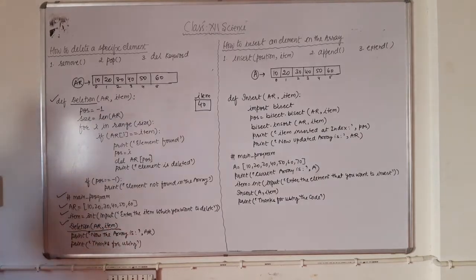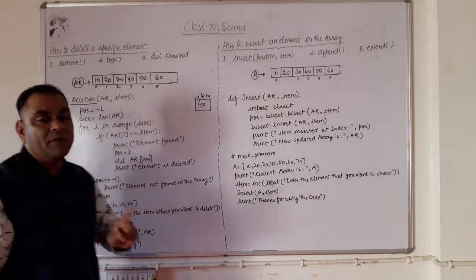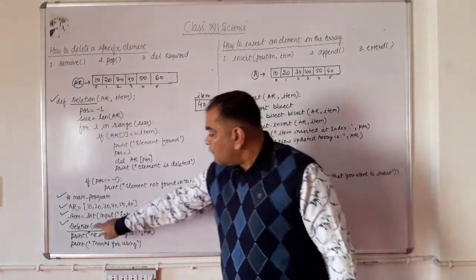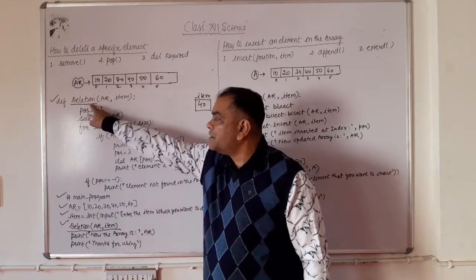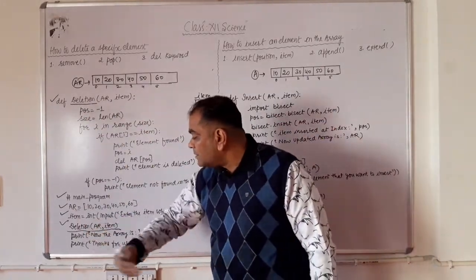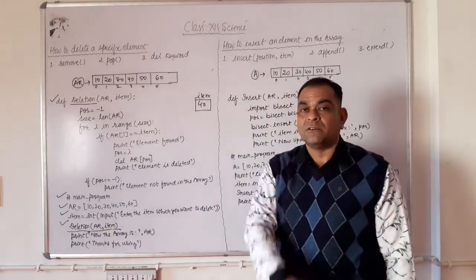Now just see what is this one. Here the next line, deletion(AR, item), this is the proper function calling. Right? What is the proper function calling? Your computer is going to match the function name very first. Deletion, the name is accurate, the name is equal. Then your Python interpreter is going to match the input arguments or parameters of the function.